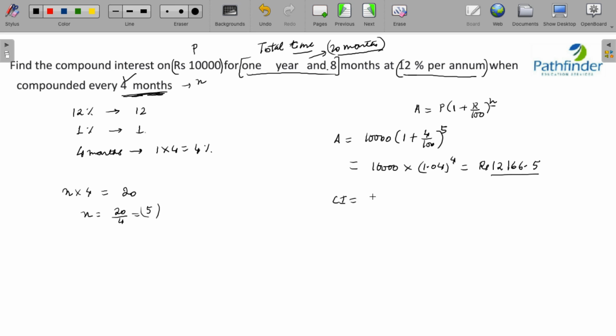And hence your compound interest, which is equal to amount minus principal, is 12,166.5 minus 10,000 rupees, which is rupees 2,166.5. I hope you have understood this. The most important point here is the calculation of the rate for your period of compounding and the number of periods.